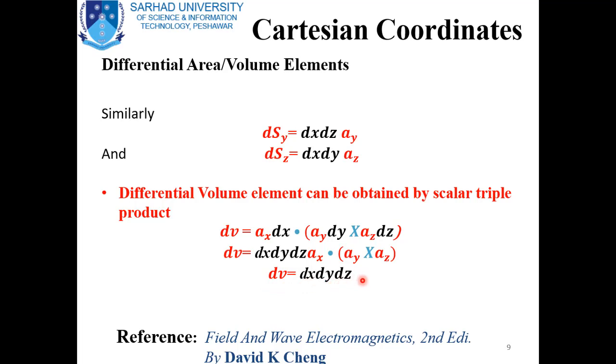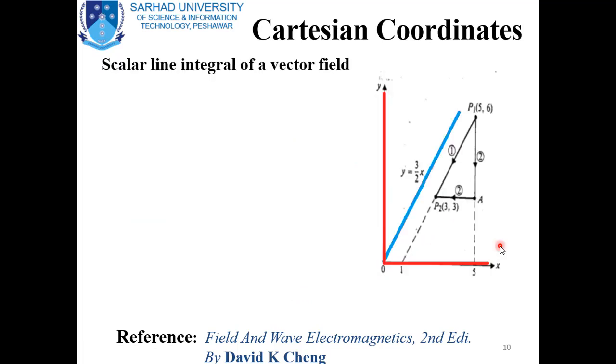All the unit vectors vanish, so the volume is a scalar quantity which is obtained by the scalar triple product. Now we will discuss a line integral of a vector field.